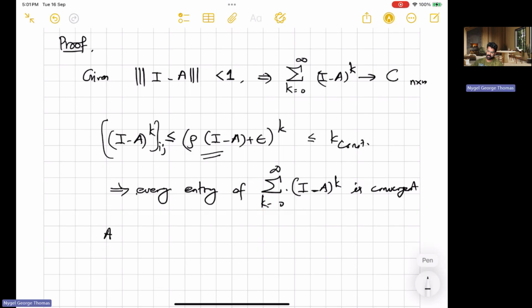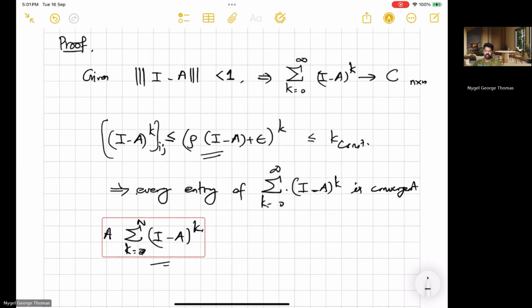Let's write A times the sum from k equals 0 to n of (I minus A) raised to k, where n is some arbitrary number we are taking here. We have to prove that this is the inverse. This is convergent, so there's no harm in multiplying, and finally we put n equal to infinity. If you can prove that this is equal to identity, then we can say that this is the inverse.